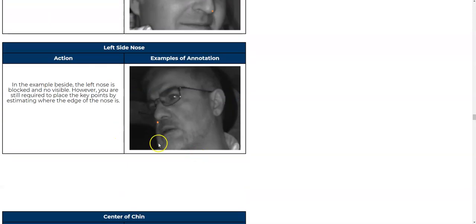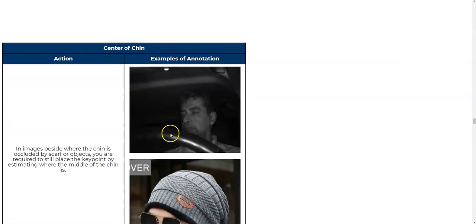Same goes to the left side nose. You can only see a bit of the left side of the nose. So make your best assumption and your best estimation and annotate the key point for the left side nose.